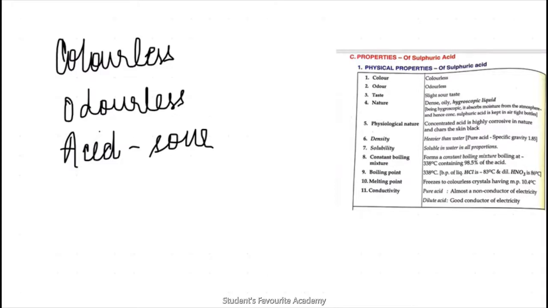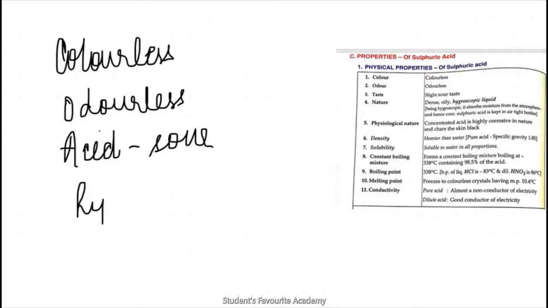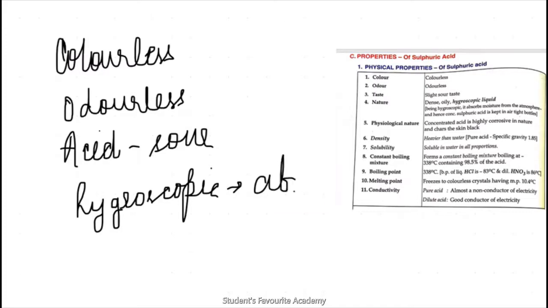Hygroscopic means it absorbs moisture from the atmosphere, and this is what we studied in the contact process. We just studied that in order to absorb moisture, we were using concentrated sulfuric acid. So whenever we say something is hygroscopic, it simply means that it absorbs moisture.